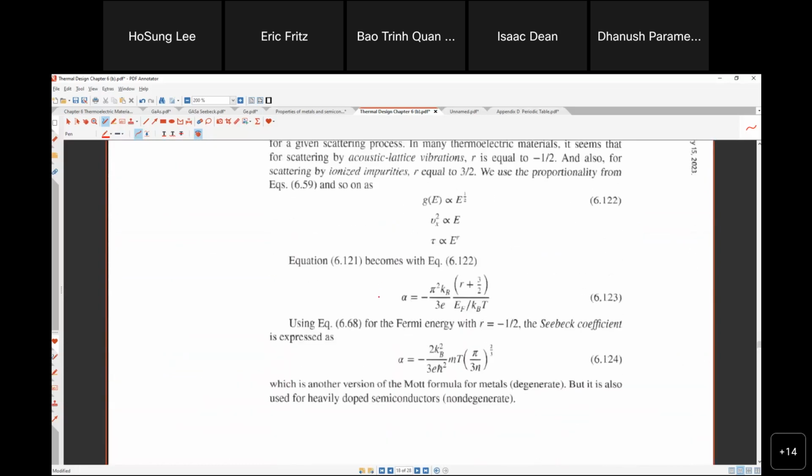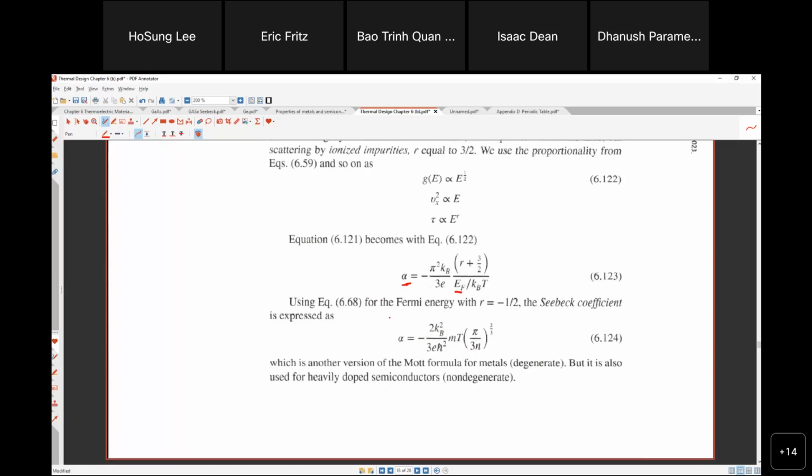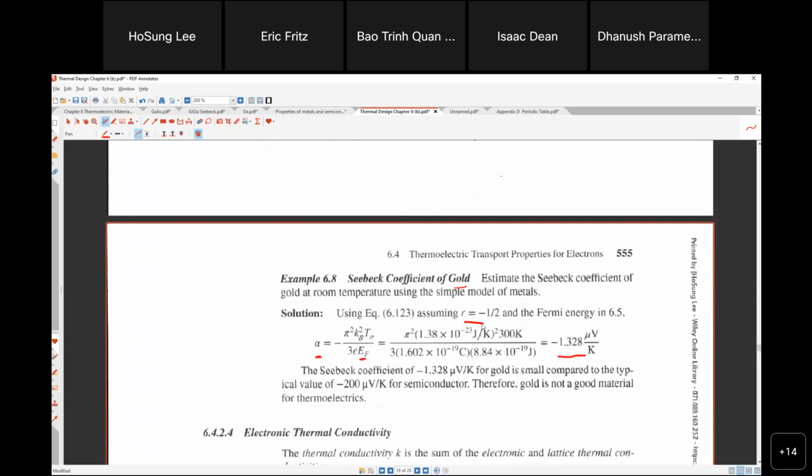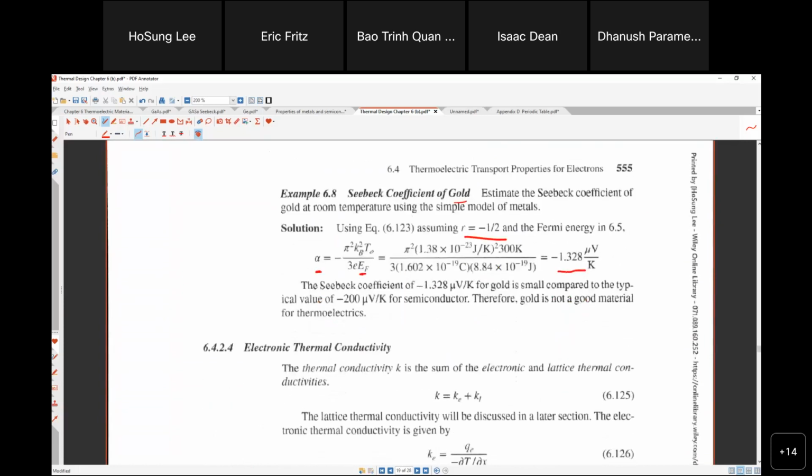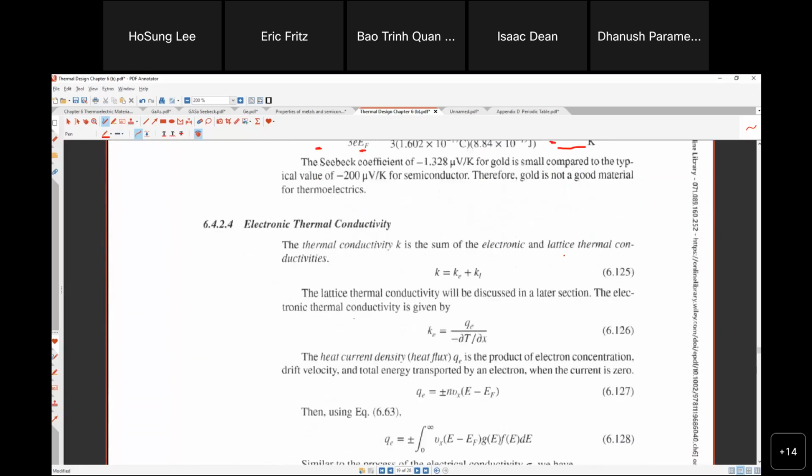This is just a different version of alpha from Mott. So you can use either one and compute the CVEC. If we assume R is negative, we can estimate that for gold the CVEC is too small, because this is electrons, so it's minus. It turns out holes give a plus, so small.